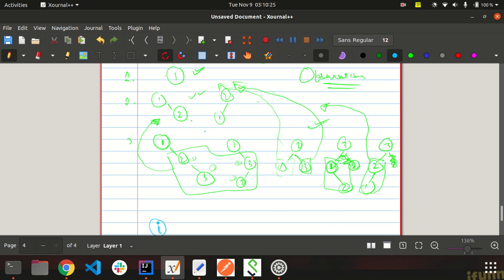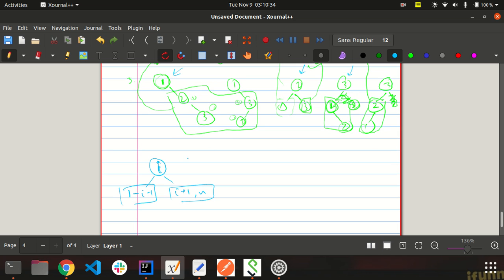When we choose 1 as root, here we choose 2 as root, and here we choose 3 as root. Similarly, when we choose i as root, for the case of n nodes, we can break this down into when we choose 1 as root, then 2 as root, then 3 as root. Similarly, when we choose n as root, correct?